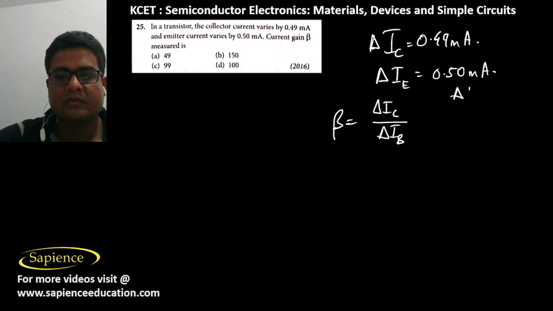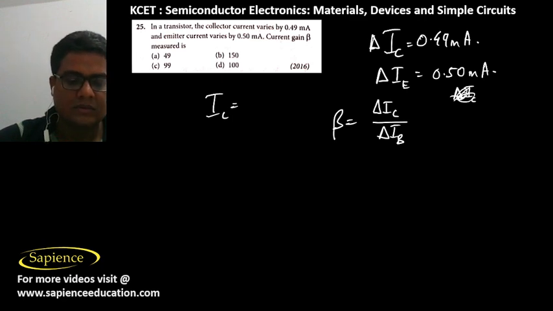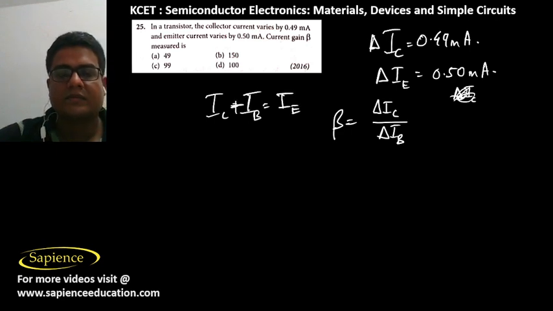Now we know that IC plus IB is equal to IE. So collector current plus base current is equal to emitter current. Therefore I can say delta IC plus delta IB is equal to delta IE.